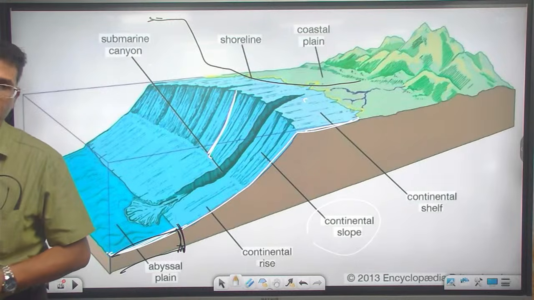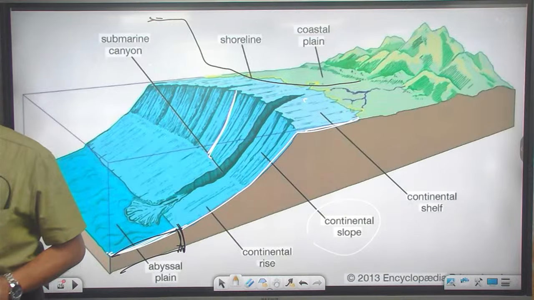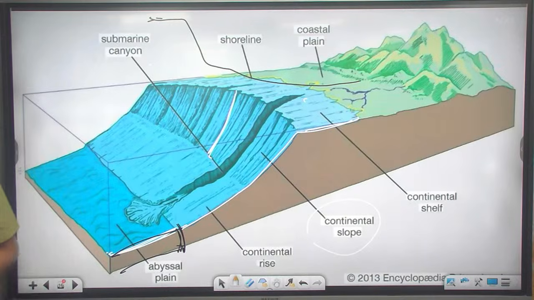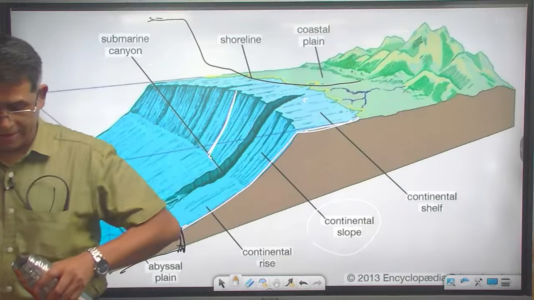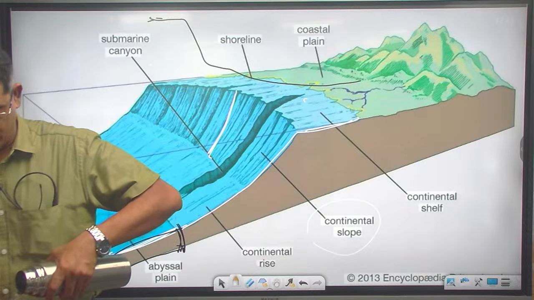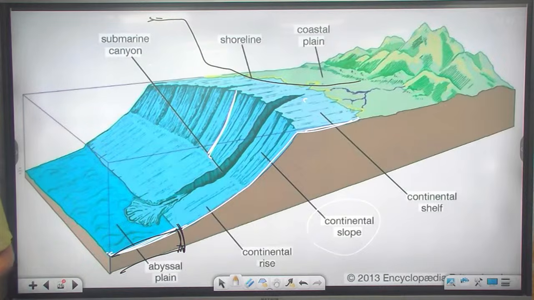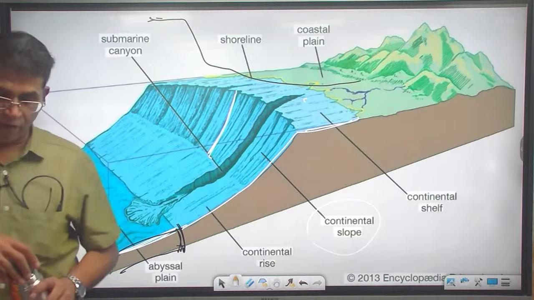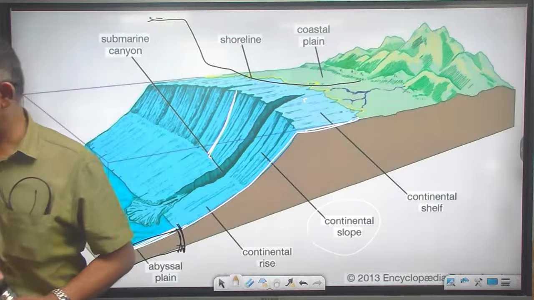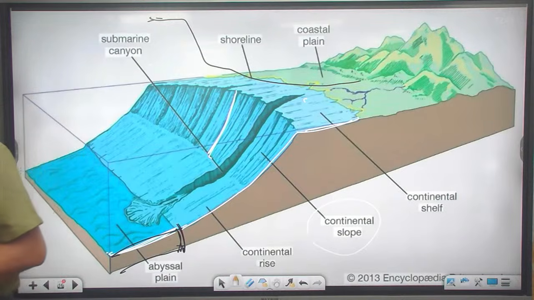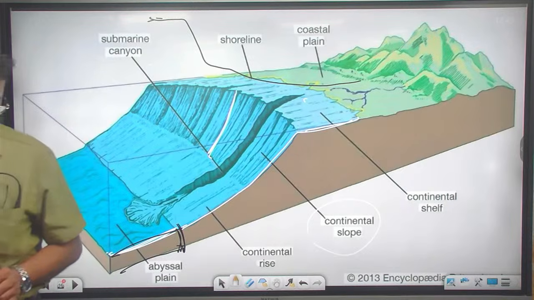The canyons are erosion by the sediments brought by the rivers. The submarine canyons are because of erosion by the sediments brought by the rivers that form turbidity currents.